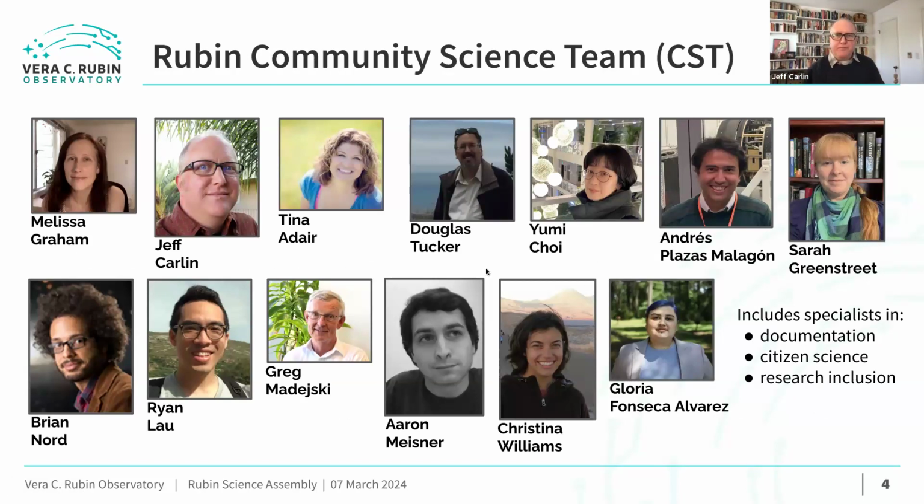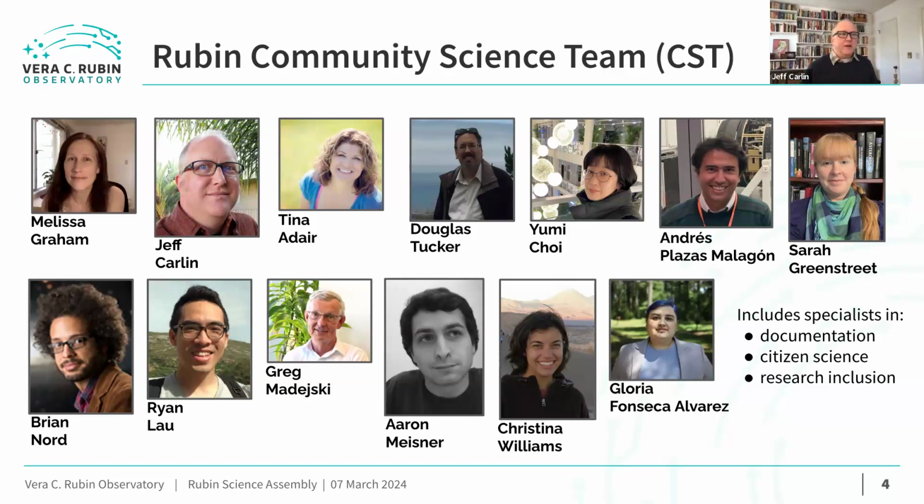I wanted to briefly introduce you to the community science team. The lead of the community science team is Melissa Graham, who is here with us, and I'm the deputy lead, but there are many of us making up the community science team. You'll see many of us here right now, and week to week, you'll see many of us appearing. We are here to help you, to enable you to do the science that you want to do.